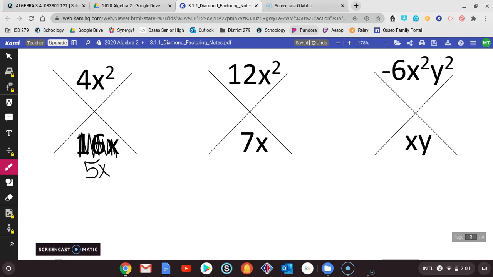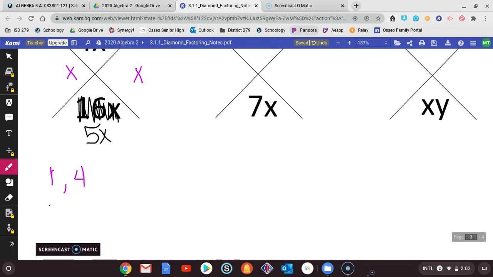But think about, so 4x squared. So let's think about the 4 and then let's think about the 2. So we know that x has to be x times x. There is no other way to get x squared. Okay? So now we have to think about the 4. The 4 is 1 times 4 or 2 times 2.